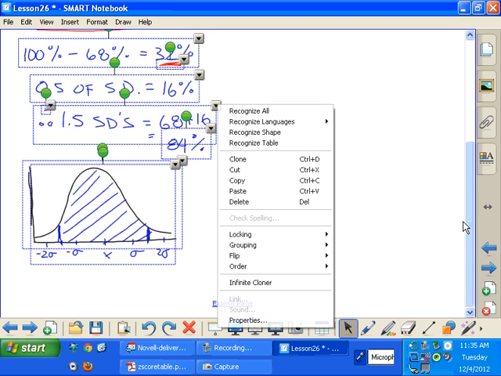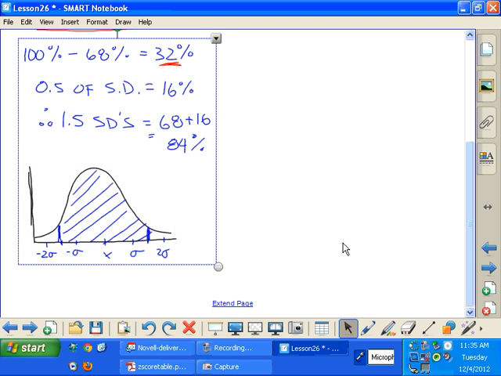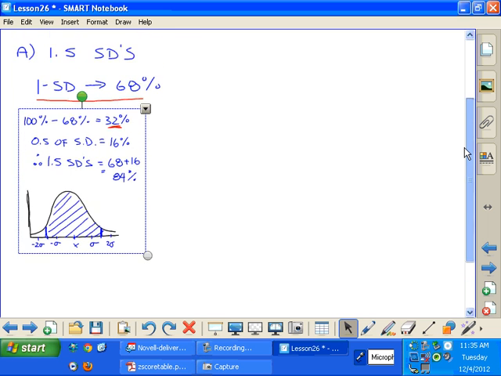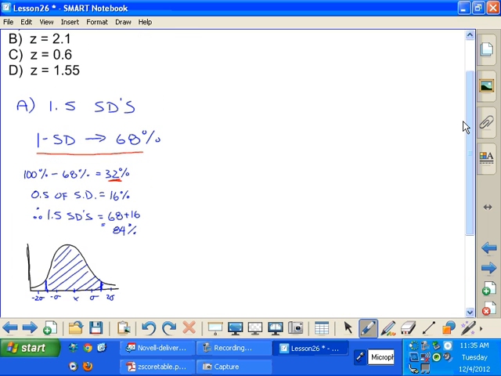With B part, we move to Z scores now. B part, Z score equals 2.1.